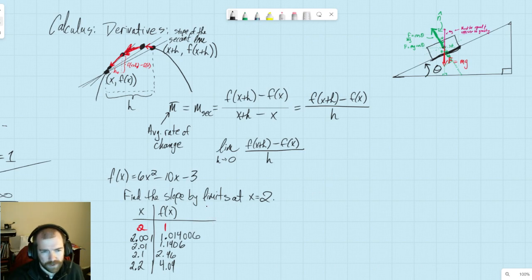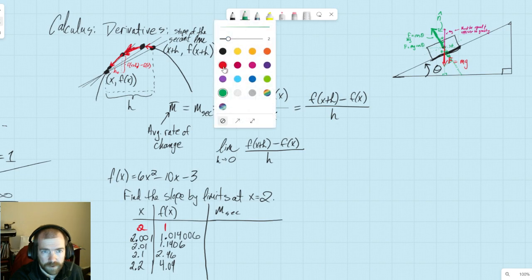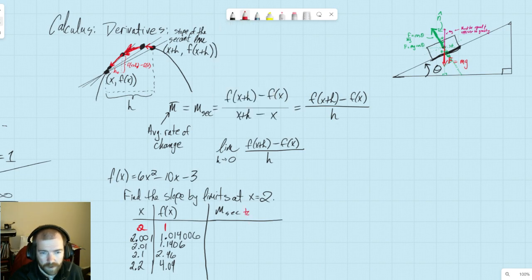Alright, so we were doing slope by limits, where we were comparing the point (2, 1) to all of the other points that were here. So we're doing m secant compared to (2, 1).